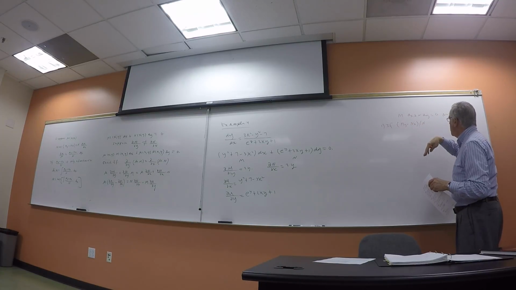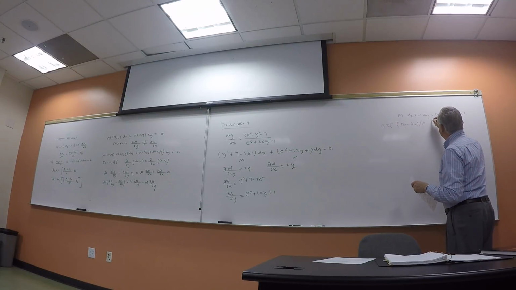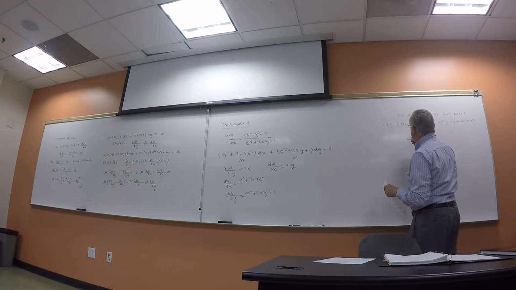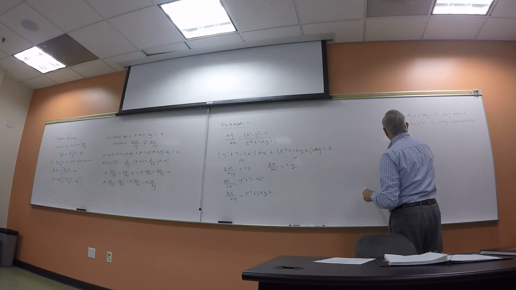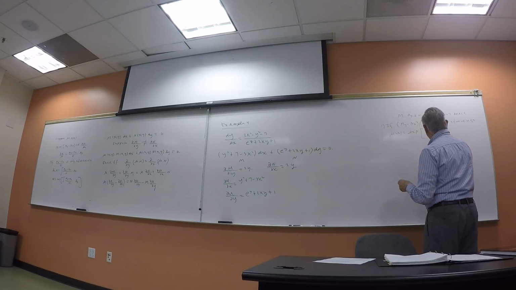So if somehow the algebra works out that this guy over here is only a function of x, then we can find an integrating factor, mu of x, given by the formula exponential of the integral of dM dy minus dN dx over N dx.